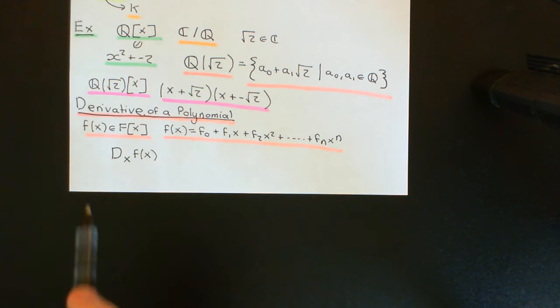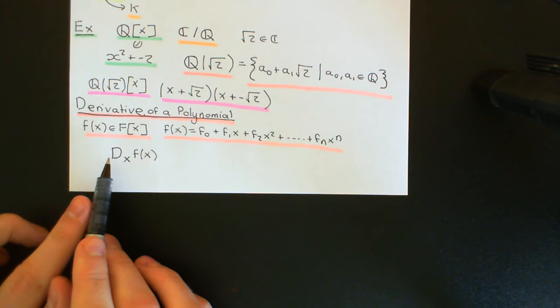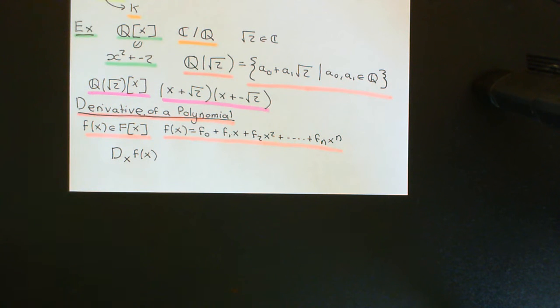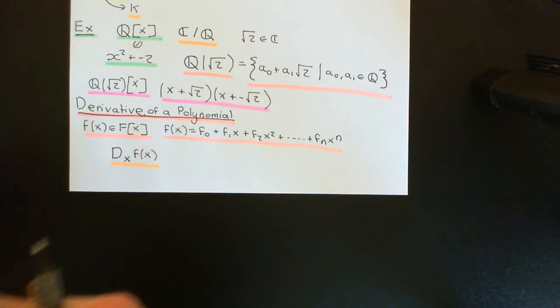That highlights the fact that we are using this in a different sense to the way that it's used in analysis. We are making this as a definition, not requiring differentiation at all. So we're going to use this notation, capital D, and then subscript x for the derivative of the polynomial f of x, and we'll just call this the derivative of the polynomial f of x.